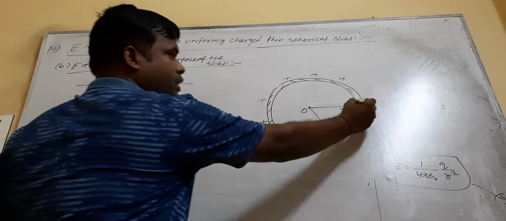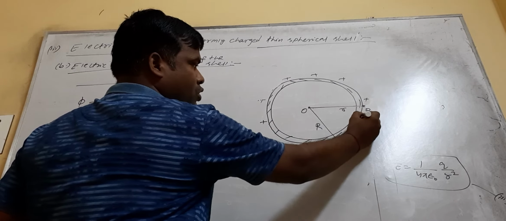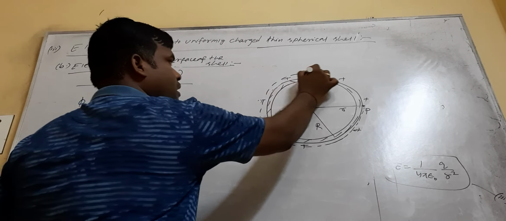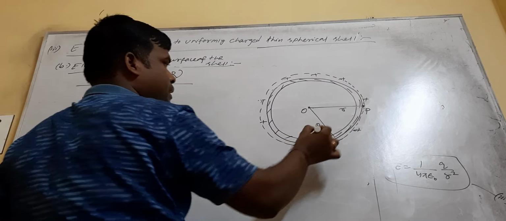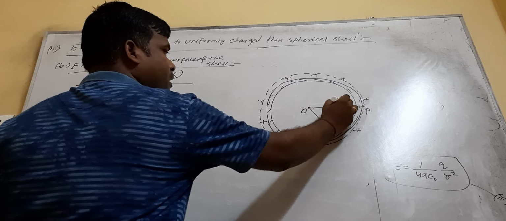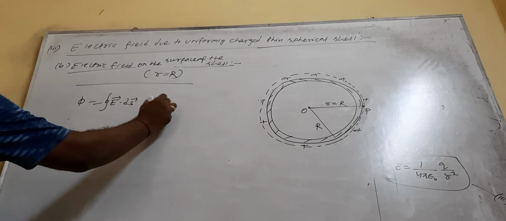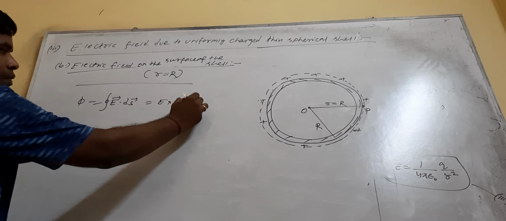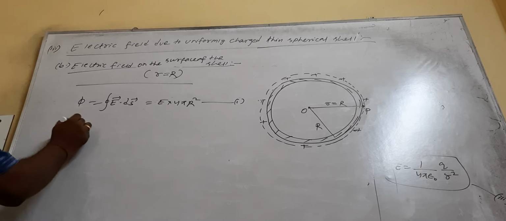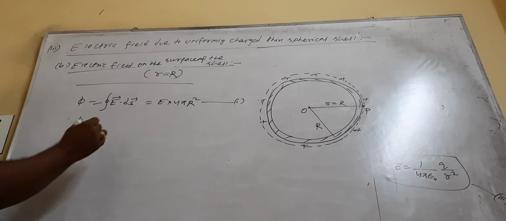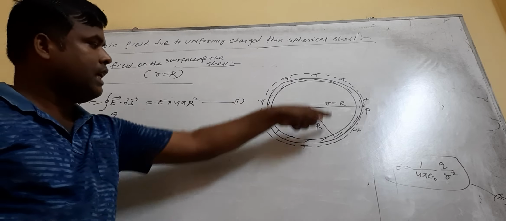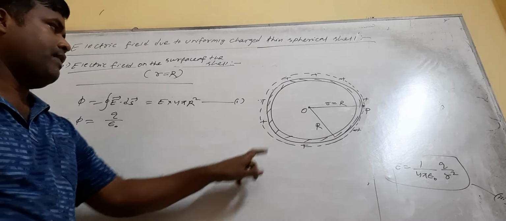Imagine a Gaussian surface just outside the surface of the shell, where small r is equal to capital R, so phi equals E into 4 pi r square. Let it be equation 1. Applying Gauss law, phi is equal to q by epsilon 0. The whole shell is within this Gaussian surface.